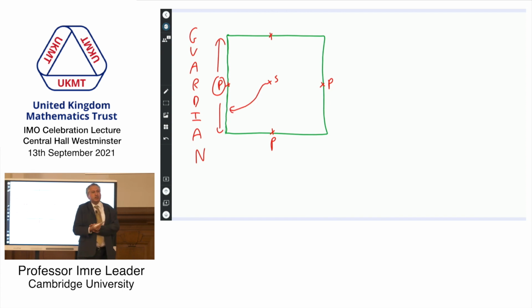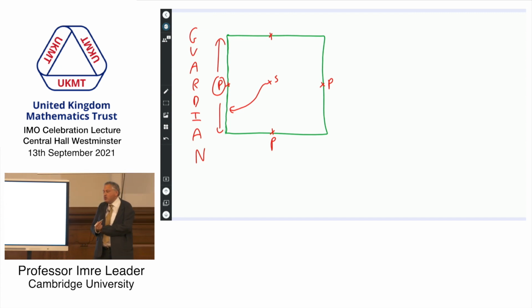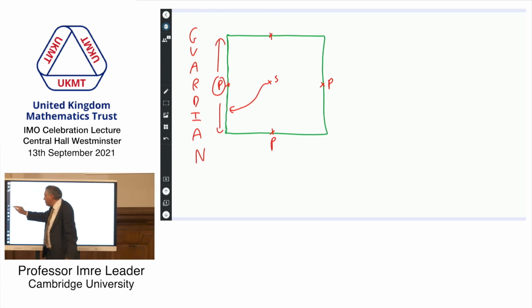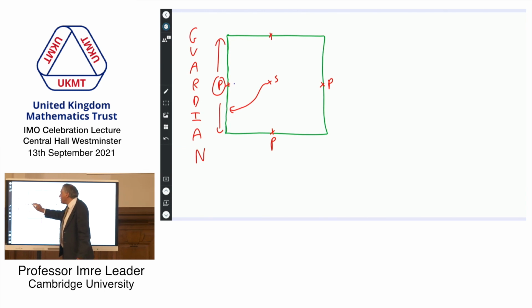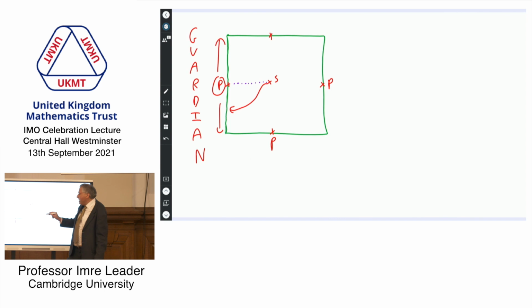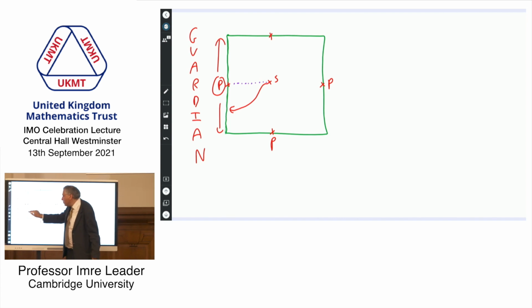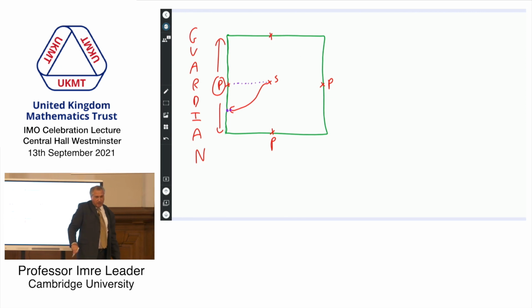How could we achieve that? Well, there's a kind of obvious way that the picture suggests. Initially, I'm going to dare to try another colour. Let's see what happens. Purple. Initially, the porter is at the same height or y coordinate as the student. Agreed? If the student was there on the edge, we'd want the porter at the same place, wouldn't we?